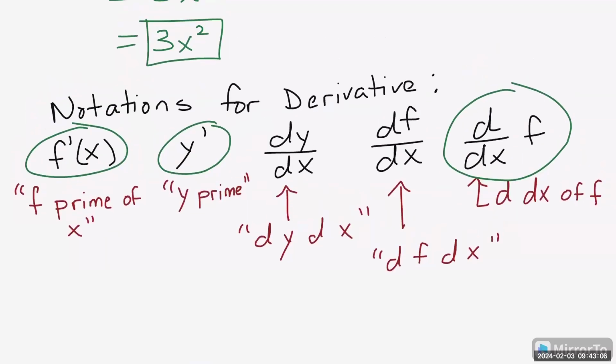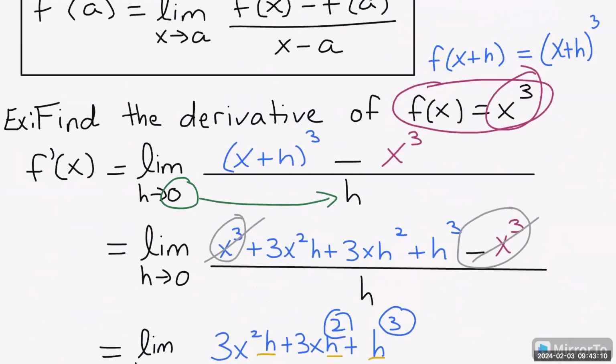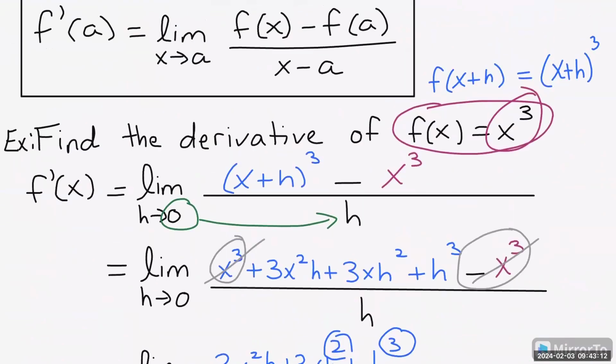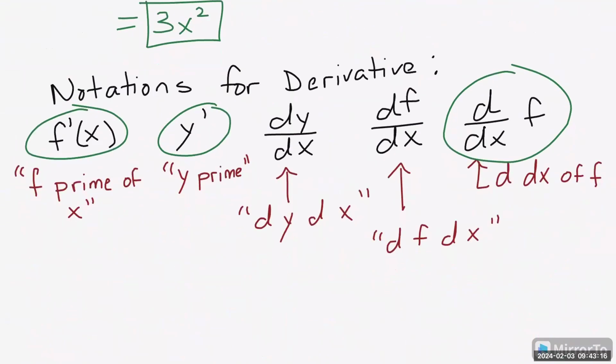For the problem that I just worked through, I found the derivative of x cubed. And the way I like to write this is by using the last notation. So I would say d dx of x cubed, or the derivative of x cubed, equals 3x squared.